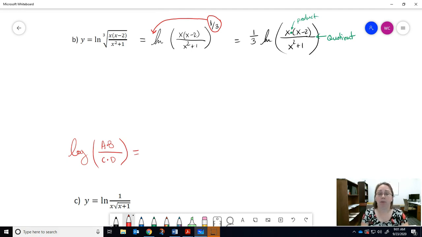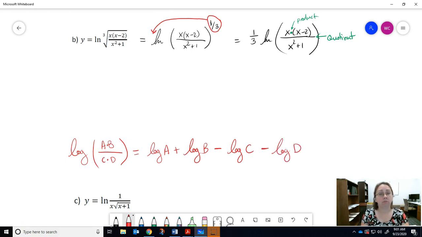Anything on top is going to have a positive logarithm. Anything on the bottom is going to have a negative logarithm. So this would be log of the A plus log of the B. Notice I broke up the product using the product rule, minus log of the C. The C is a negative because it's in the denominator, and also the D.